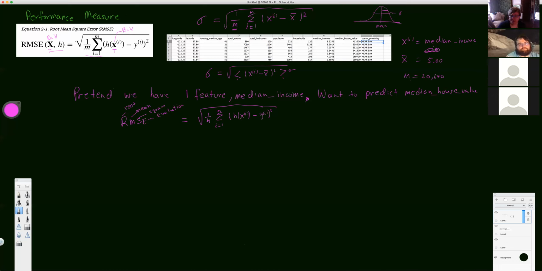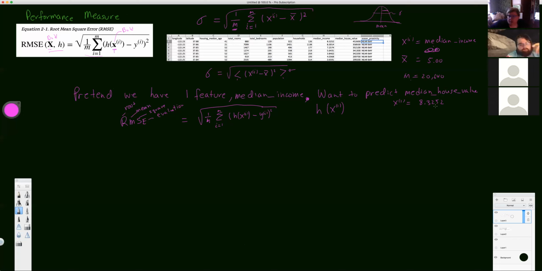So what does this mean? So h of x, and let's just say h of x1. What is it? Well, x1, if I look up here, is 8.3252, right? So x1 is equal to 8.3252. In other words, $83,252 a year.